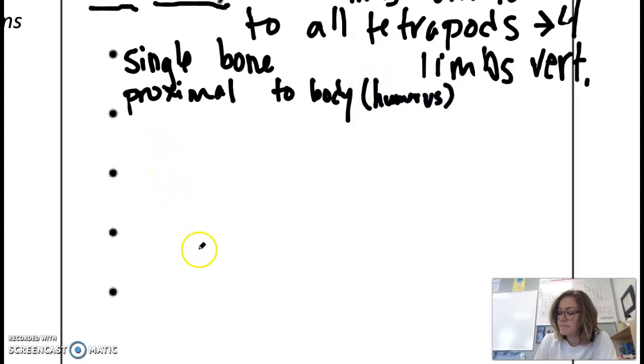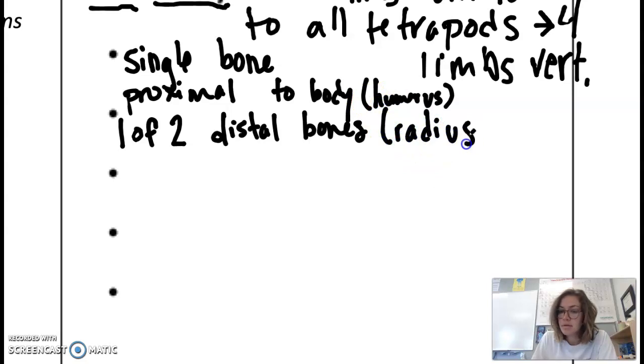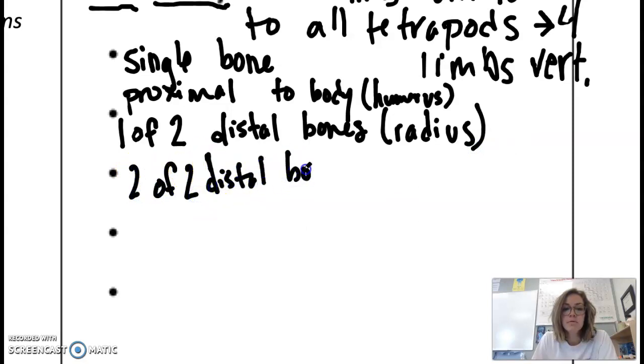And then you are going to have 1 of 2 of the distal bones. And that's going to be like the radius. And then the second of these bones, so then this 2 of 2 of distal bones, is going to be the ulna, right?